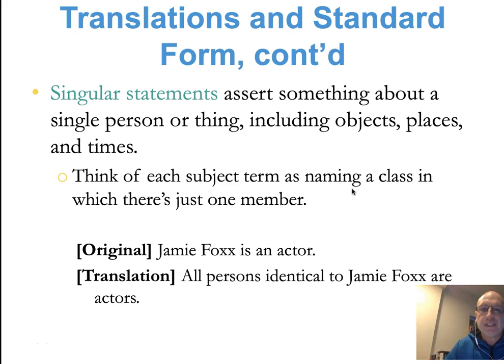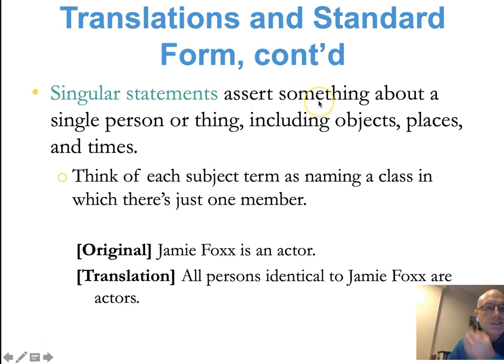Moving on then, if we look at singular statements, they're asserting something about a single person or thing, including objects, places, and times. We want to think of each subject term as naming a class in which there's just one member. So we could look at this as Jamie Foxx is an actor, and we would say all persons identical to Jamie Foxx are actors.